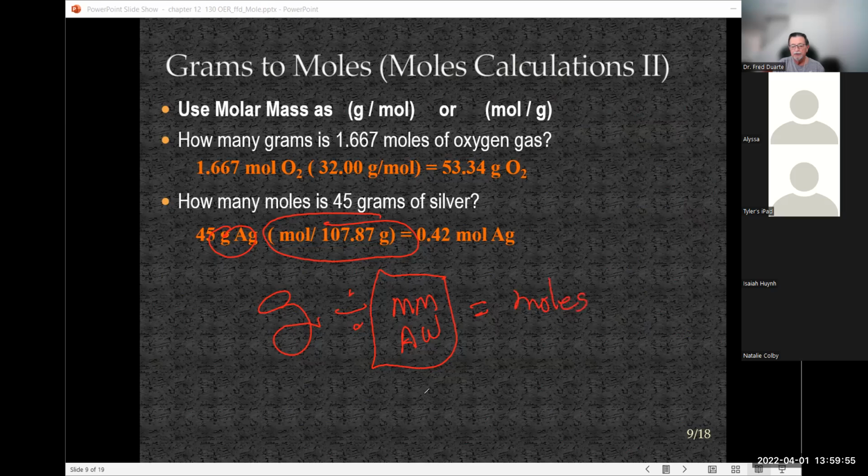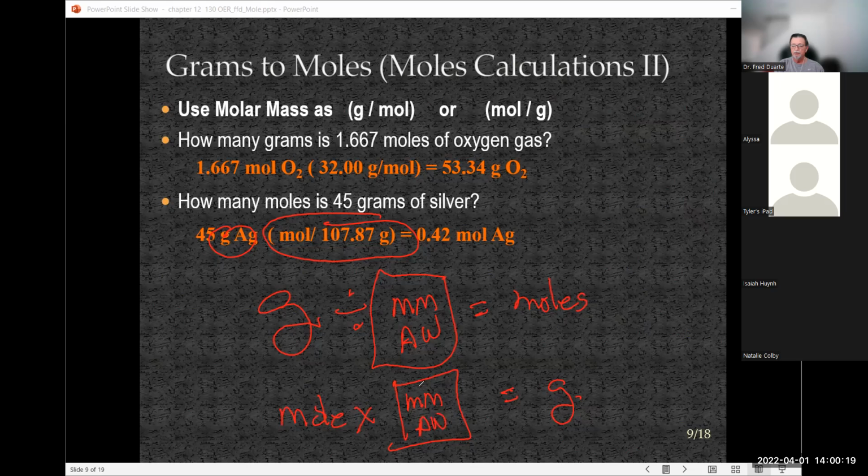If you start with grams and you need to go to moles, you divide by the atomic weight or molar mass. What if you got moles and you want to get to grams? We do the opposite. You multiply by the molar mass or atomic weight.